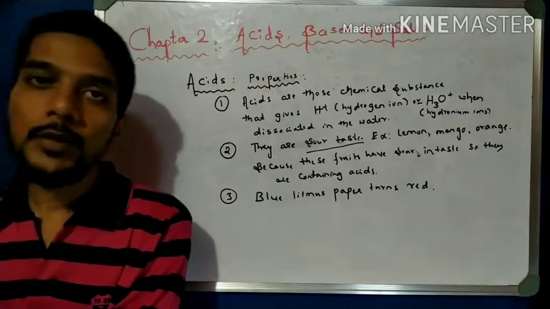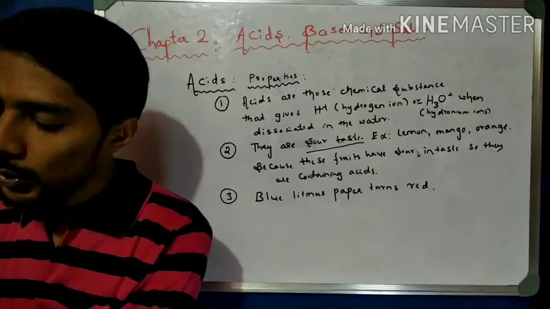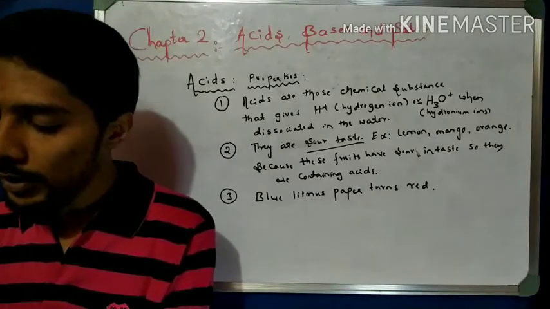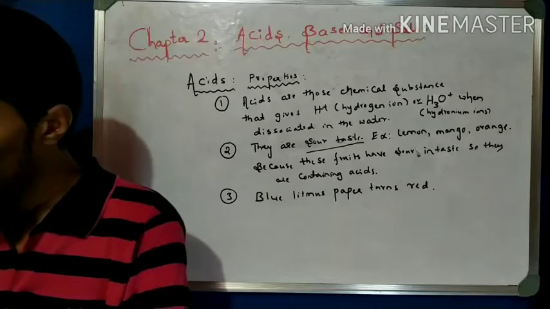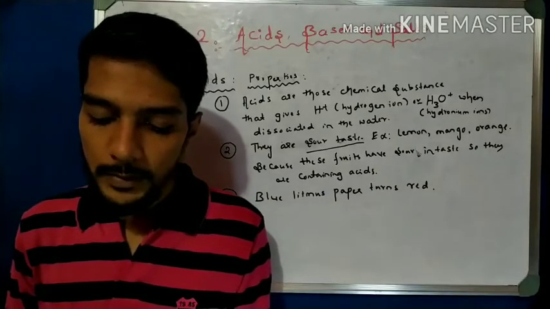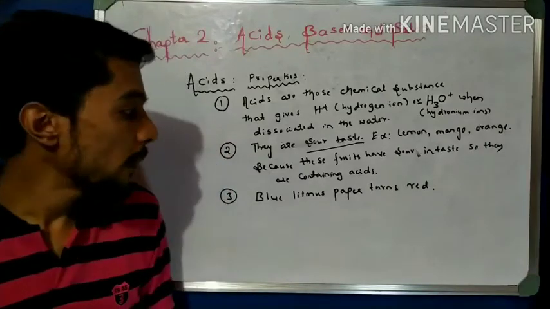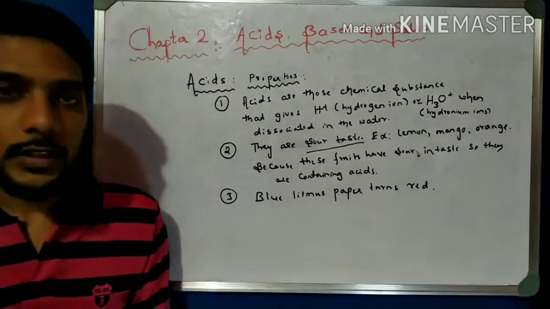There are two types of litmus paper, one is blue litmus paper and one is red litmus paper. Blue litmus paper is used as an indicator to find which substance is acid and which is base. If the given substance is acid, then the blue litmus paper turns red.